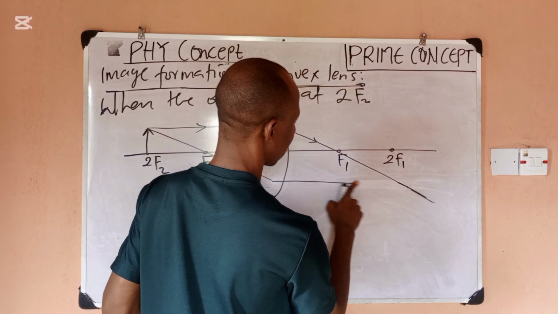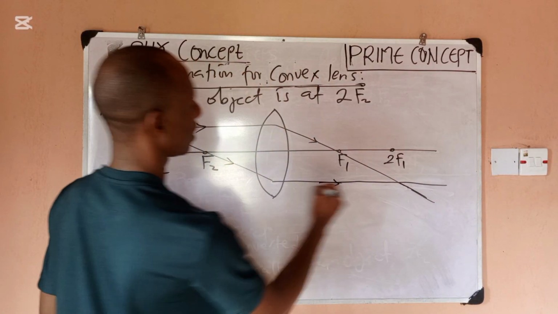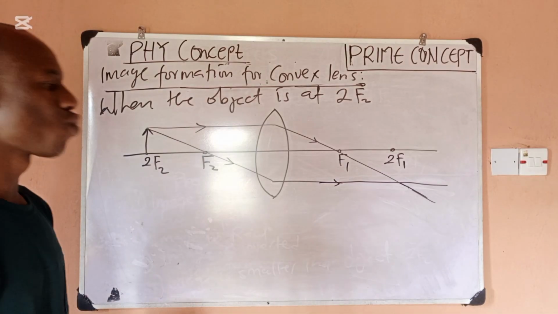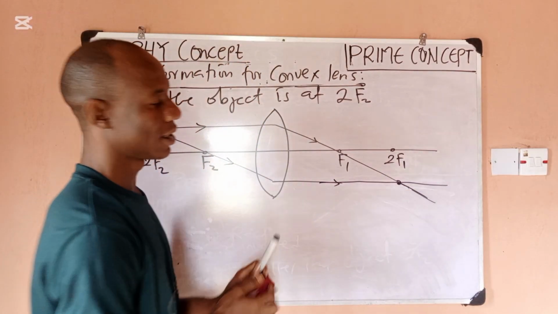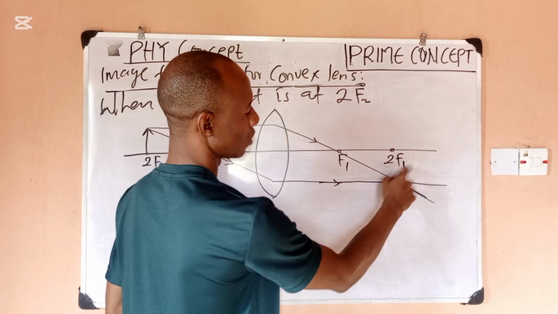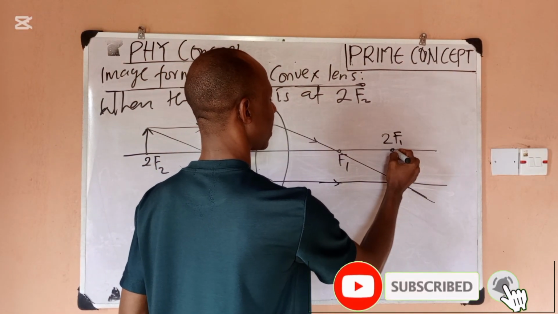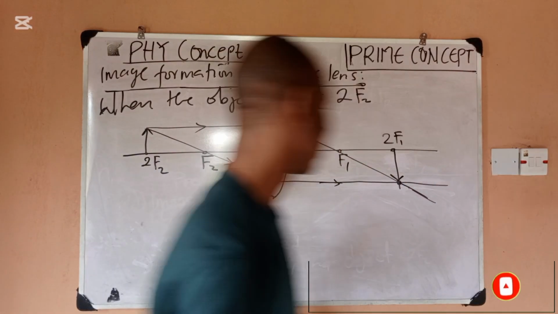So I'll have this, to come out parallel from the other side. Now, if you look at where your refracted rays are intersecting, you can see that point is actually at 2f1. So it means that my image is going to be formed at this point, right?